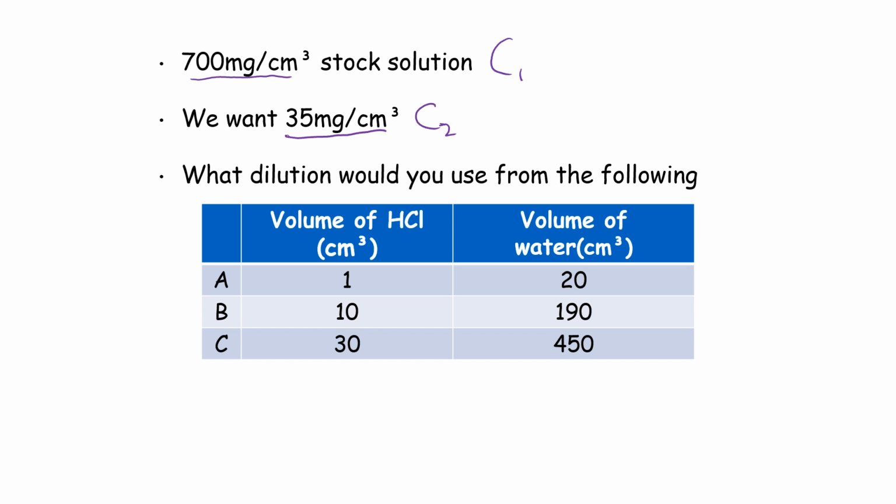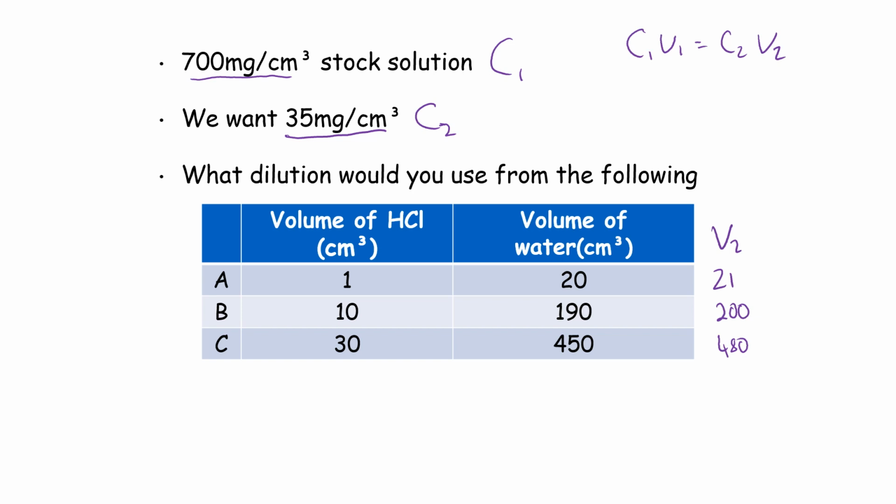What we want is C1 V1 equals C2 V2. First thing we need to do is go through all of our options and find out what the final volume would be. Well, 21 is the total of those. So our volume 2 would be 21. For this one, it would be 200. And for this one, it would be 480.